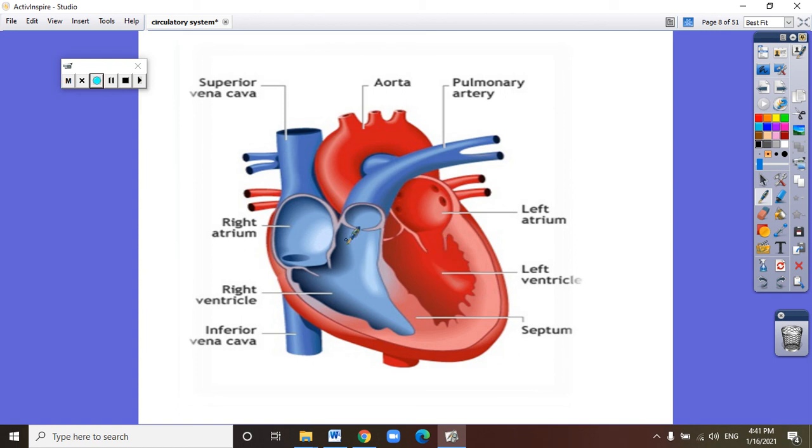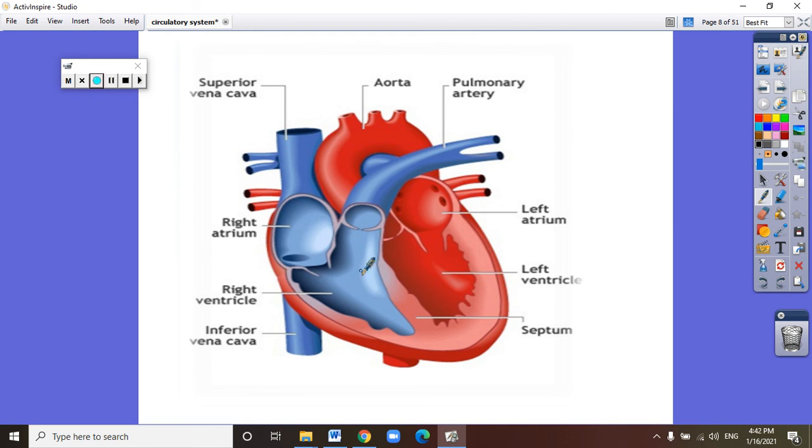Okay, don't forget, the right side of the heart is located in front of your left hand, but the left side of the heart is located in front of your right hand. So the heart is in the opposite position to us. Your right hand is in front of the left side of the heart. Your left hand is in front of the right side of the heart.